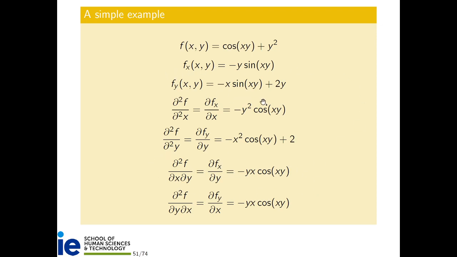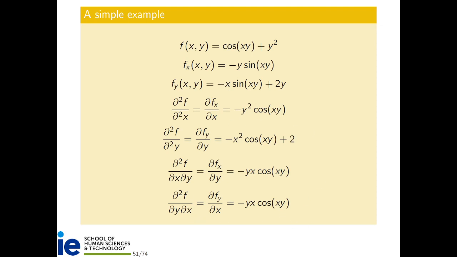I can compute the derivative with respect to y of the partial derivative with respect to y, which would be this object here. And again, I can compute the partial derivative with respect to x of the partial derivative with respect to y, which would be this last object here. So I have a function of two variables. There are two partial derivatives of order 1, and then there are four partial derivatives of order 2.